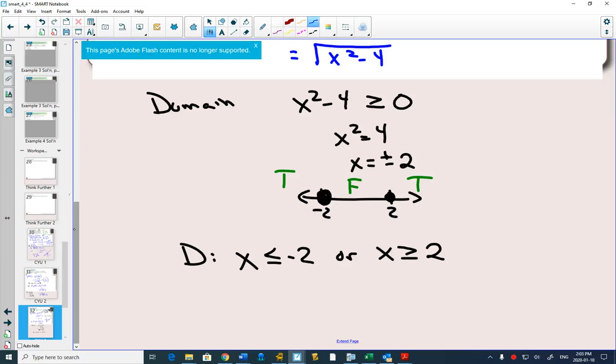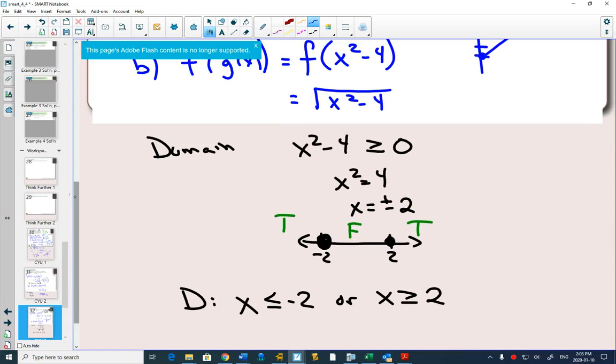And if you were asked to graph this, you would have to go back to chapter 2 and think, how do I graph square roots? First of all, I graph the inside function. I'll just draw that with a dotted line. It's a parabola shifted down 4 units.